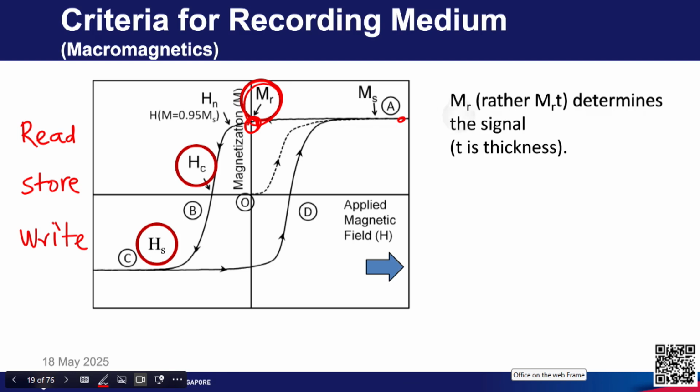So, basically if you multiply MR, the remnant magnetization of the material, by T, which is the thickness of the film, the MRT determines the signal for reading information. So, this part of the hysteresis loop, you can say it is related to the read property of the recorded information.